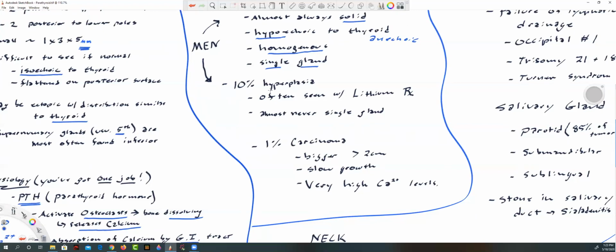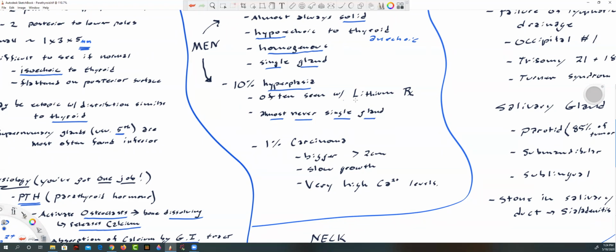10% of the time, it's hyperplasia. So just simply nodular hyperplasia, focal nodular hyperplasia, whatever you want to call it. It's hyperplasia. It's just overgrowth. And that would be almost never a single gland. So it could be all 4, it could be 3, maybe 2, but never just one.